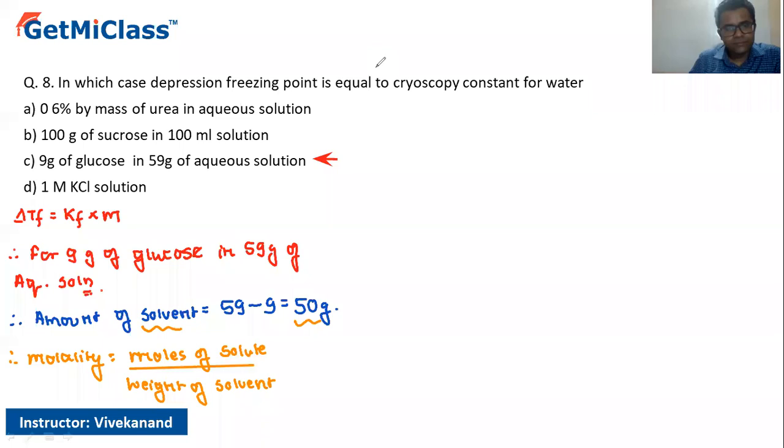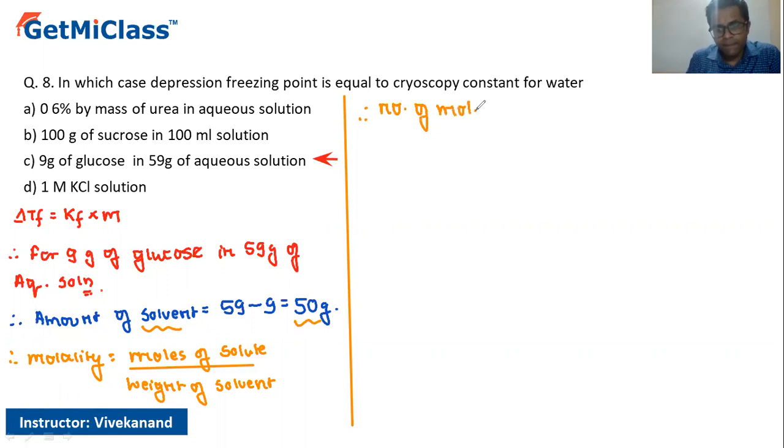Now, let's take this entire case. First we shall calculate the number of moles so that we can find out the molality. So, number of moles of solute, of course, glucose.